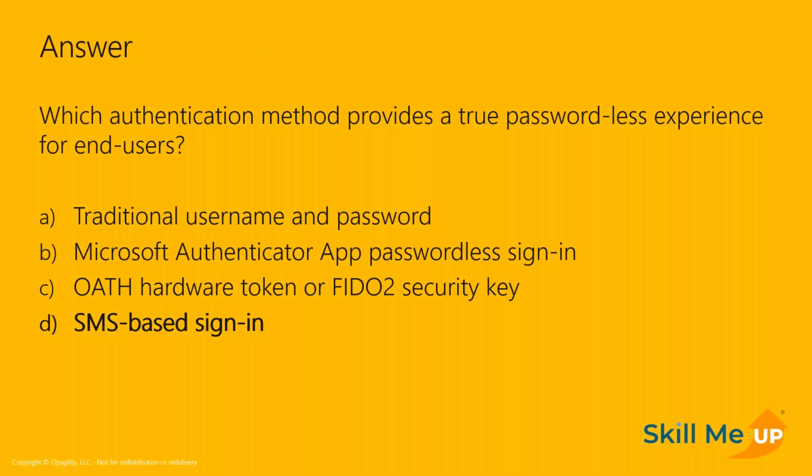So with the SMS-based sign-in, users don't need to know a username and a password to access applications and services. The user instead enters the registered mobile phone number, receives the text message with a verification code, and then enters that in the sign-in interface.